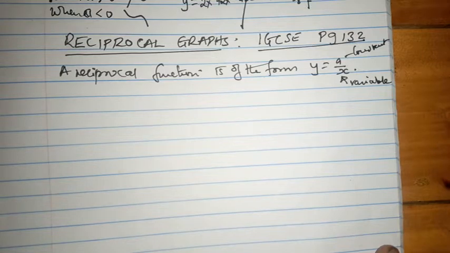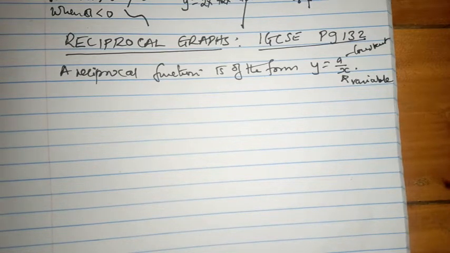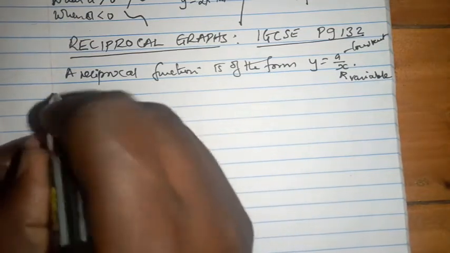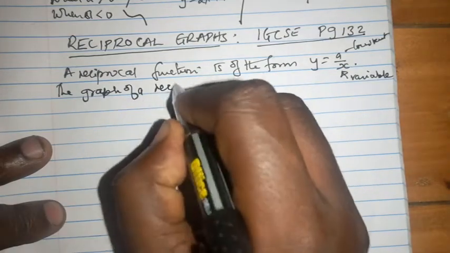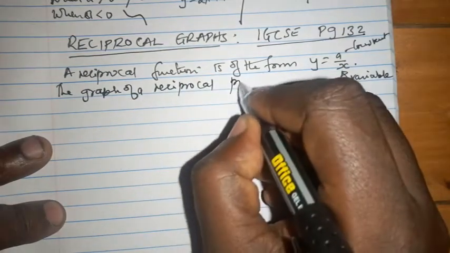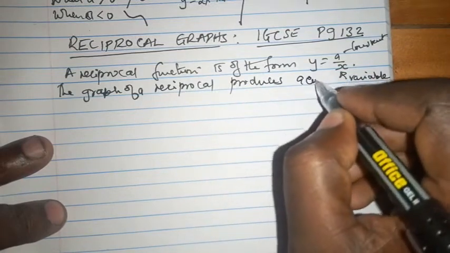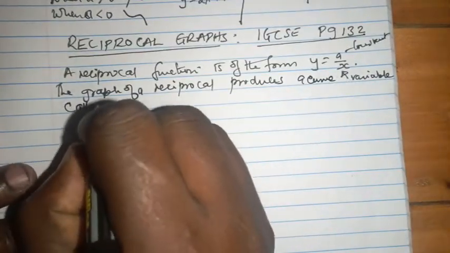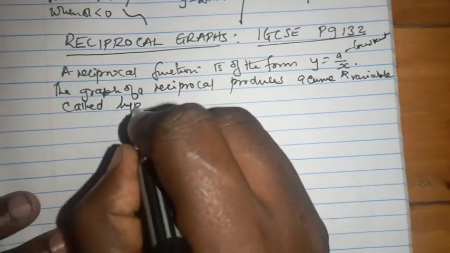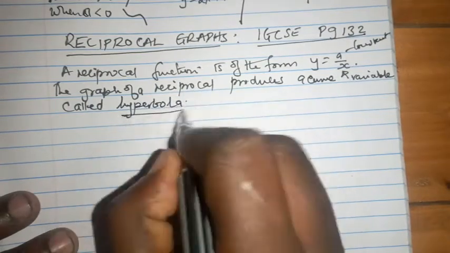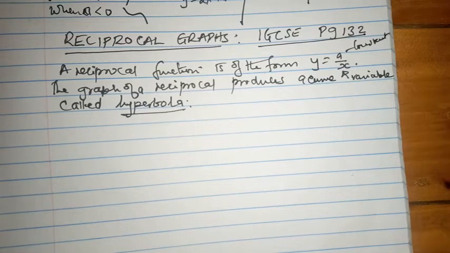And as such, the graph of a reciprocal function produces a curve called a hyperbola. A hyperbola is a special curve that does not touch the axes at all.